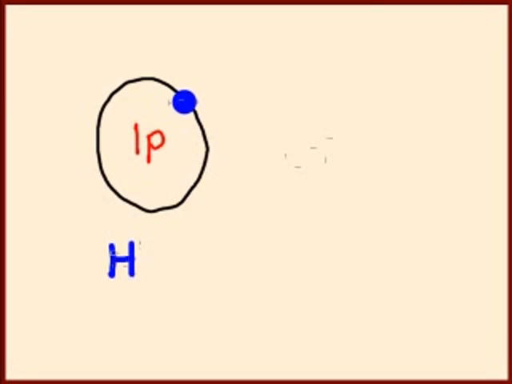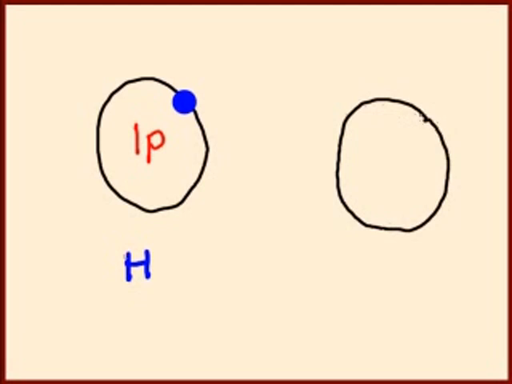Okay, let's see here. This is going to be the hydrogen atom. That's kind of big. There we are. Here's a hydrogen atom. Let's draw a second hydrogen atom. The second hydrogen atom shows the energy level for its electron.